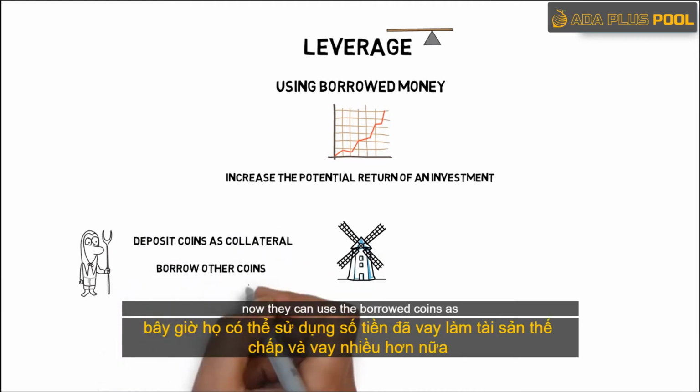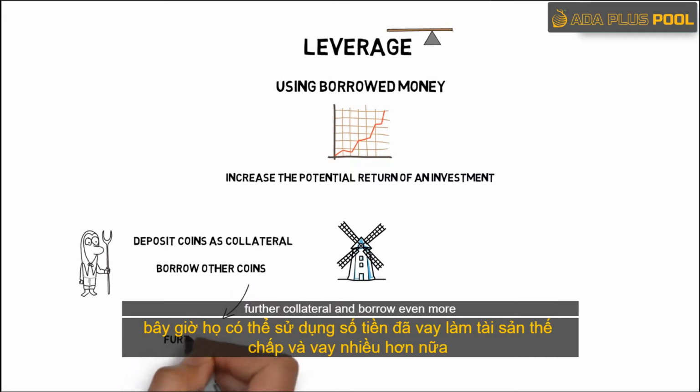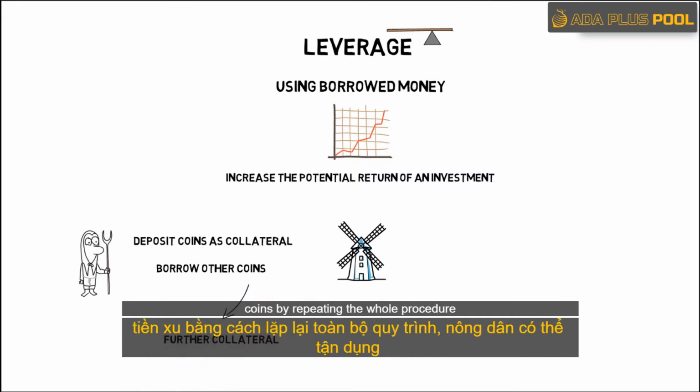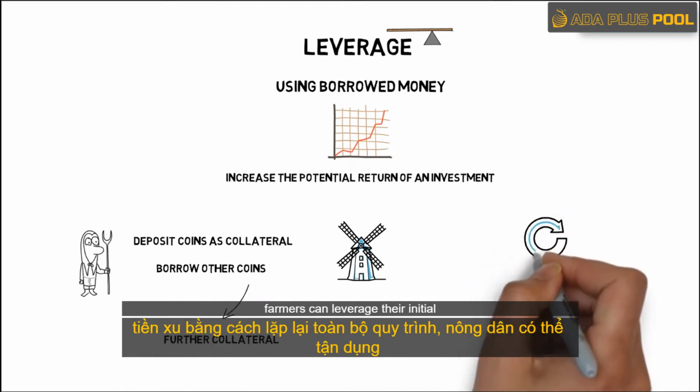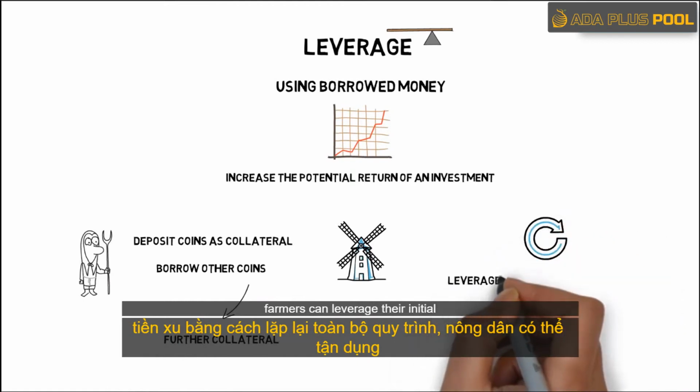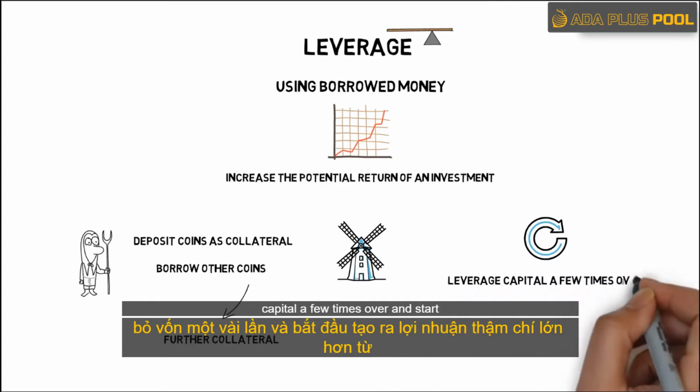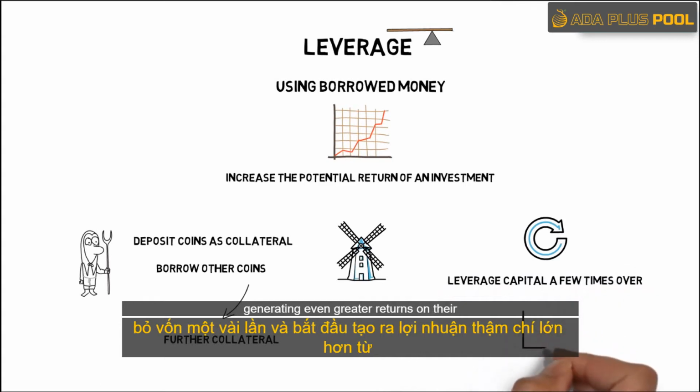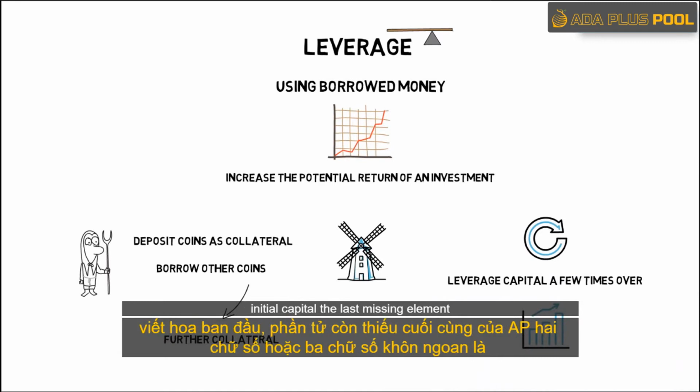Now, they can use the borrowed coins as further collateral and borrow even more coins. By repeating the whole procedure, farmers can leverage their initial capital a few times over and start generating even greater returns on their initial capital.